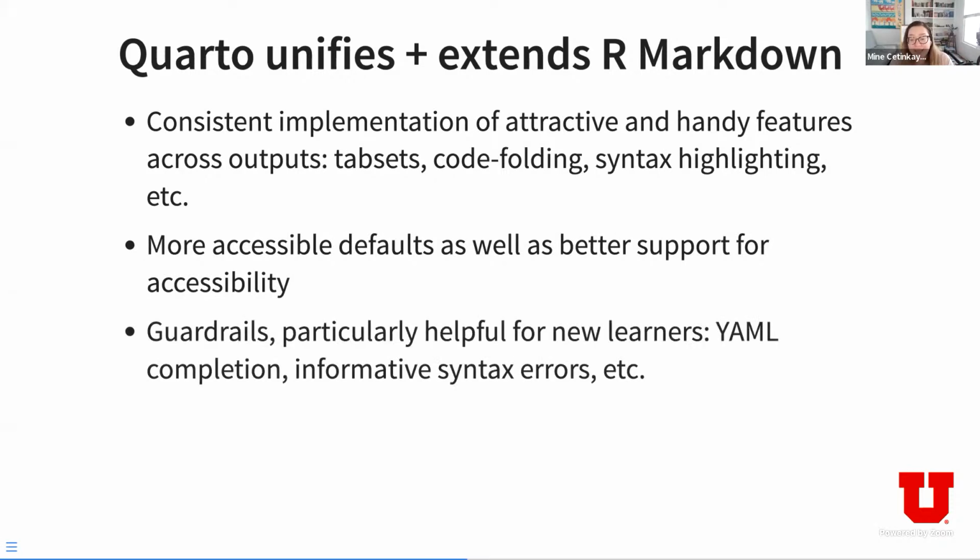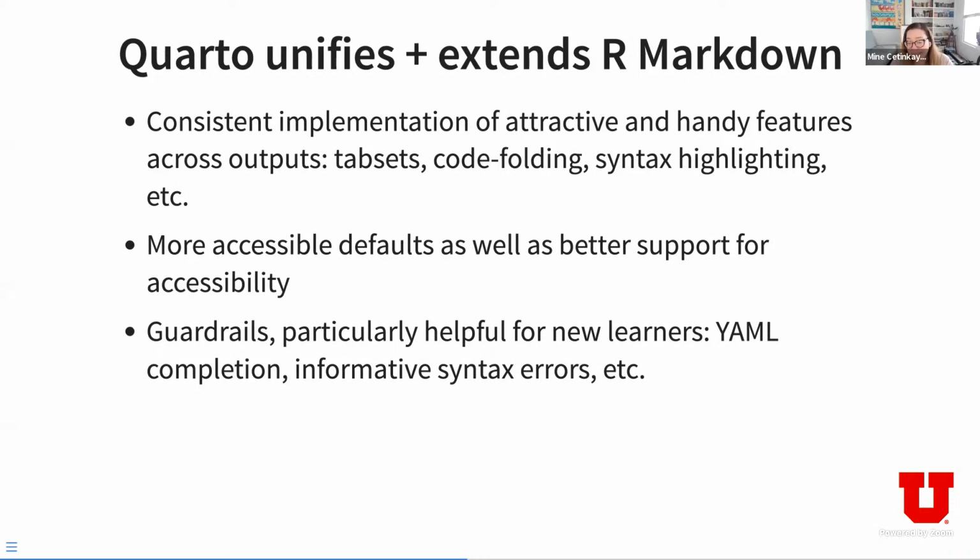One really nice thing, particularly as someone who teaches folks who are just learning programming alongside learning Quarto, is that it has guardrails, which are particularly helpful for new learners. So we'll demo in a second how when you're writing sort of code chunk options, for example, you can leverage YAML completion.